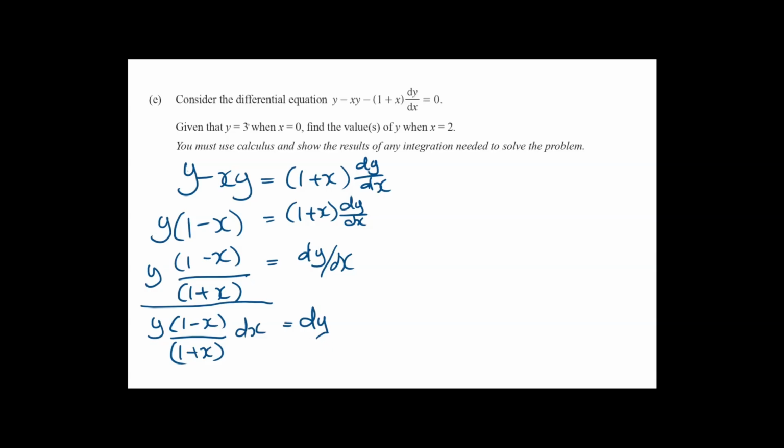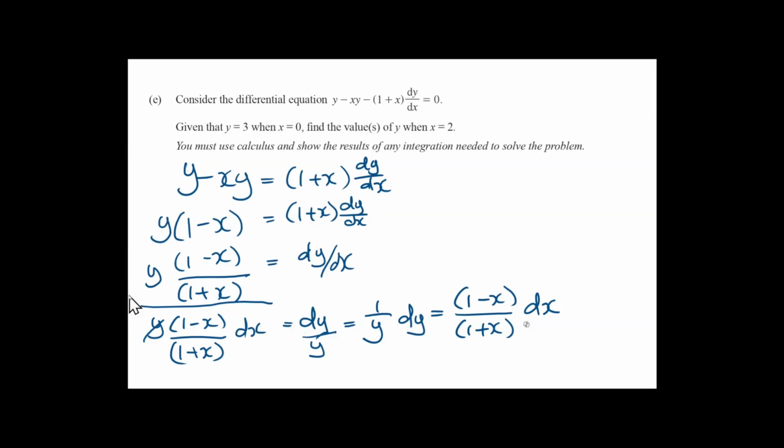Then I'm going to divide both sides by y. So this y is going to disappear, and that's going to be 1 over y dy equals 1 minus x over 1 plus x dx. Now, see, all the y's and all the dy's are on one side, all the x's and all the dx's are on the other side.